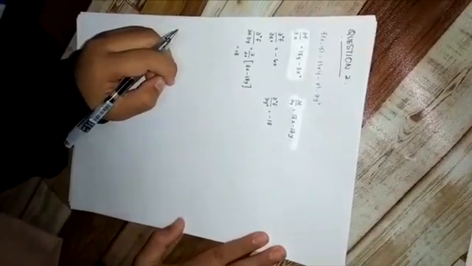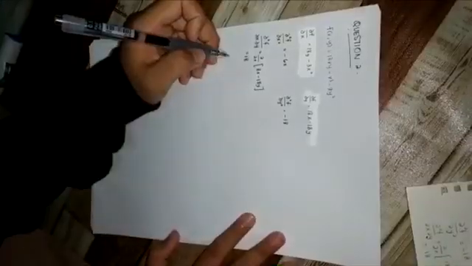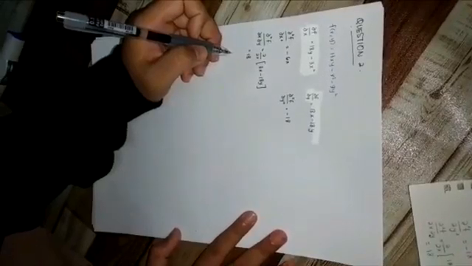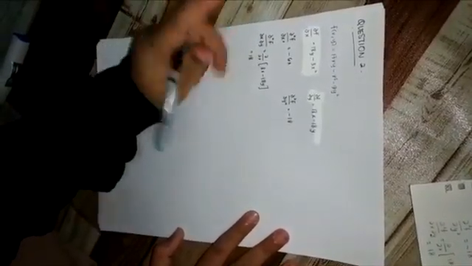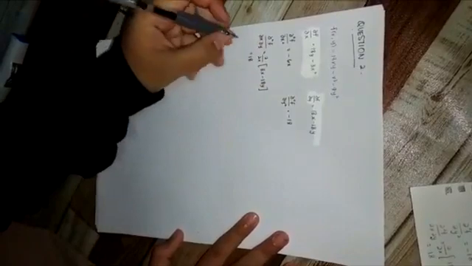In order to find the critical point, we need to set the first order partial derivatives equal to 0.